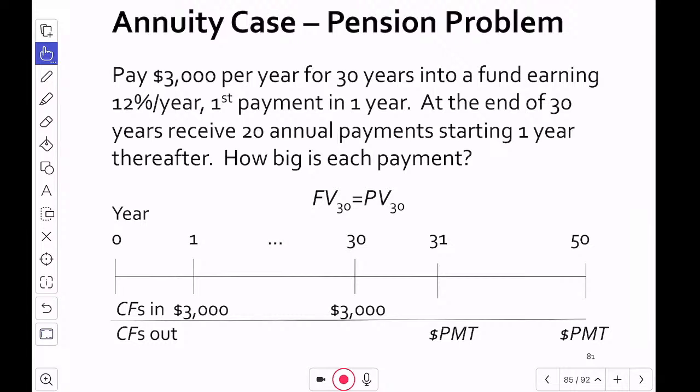You need to make a timeline. When you're not able to exactly apply the formula, as I just demonstrated, you need to make the timeline. Identify if there are payments and the timing of payments. Convert all your variables to the same timing.